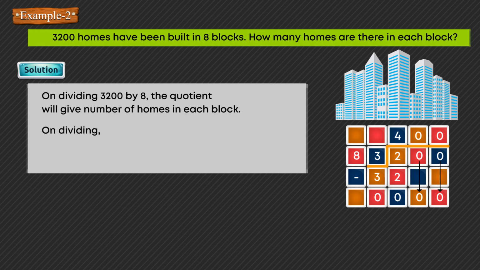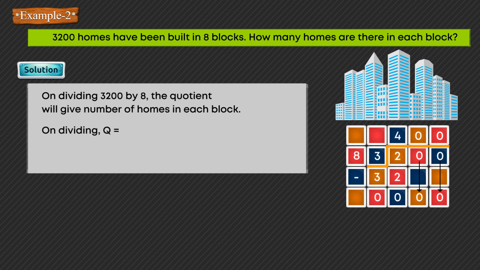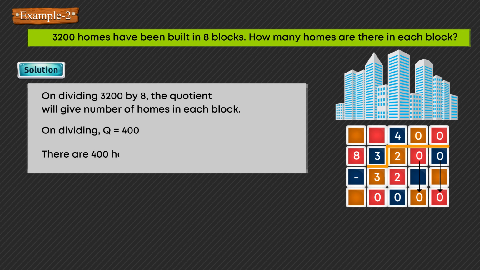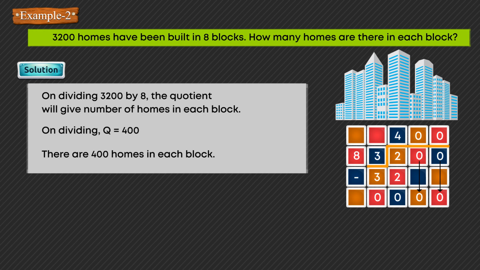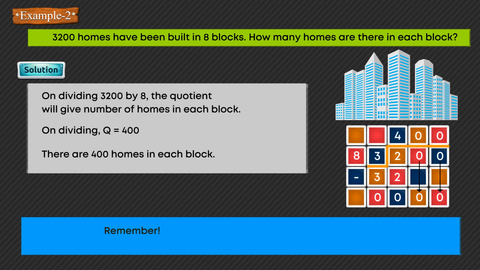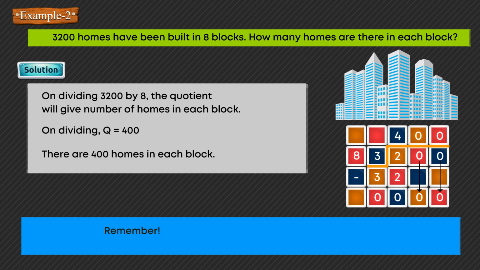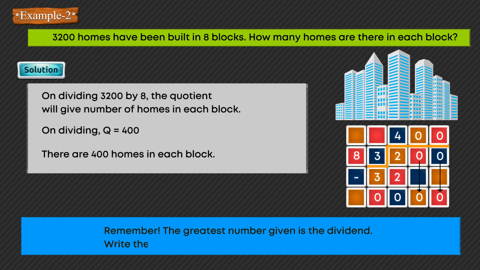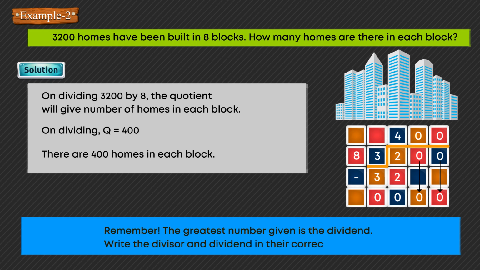On dividing, quotient is equal to 400. There are 400 homes in each block. Remember, the greatest number given is the dividend. Write the divisor and dividend in their correct position.